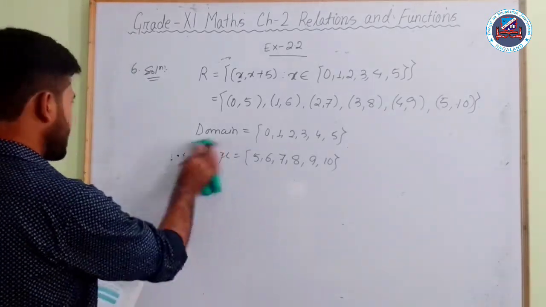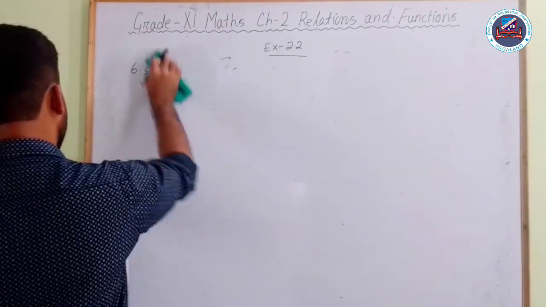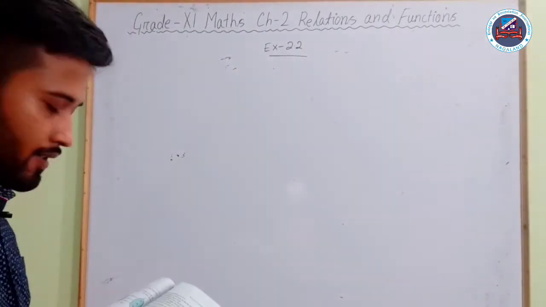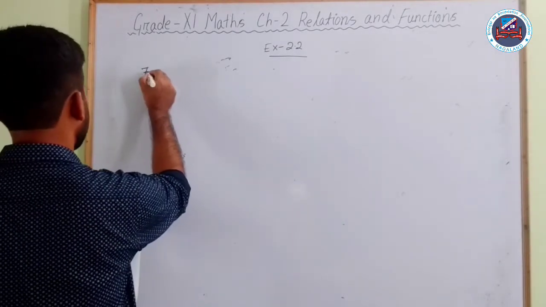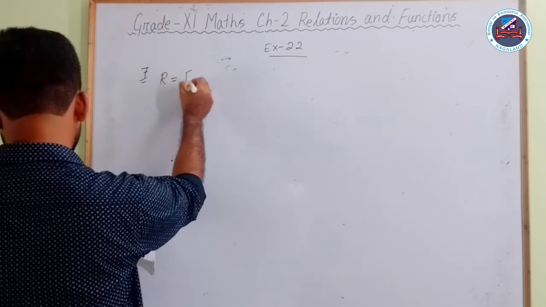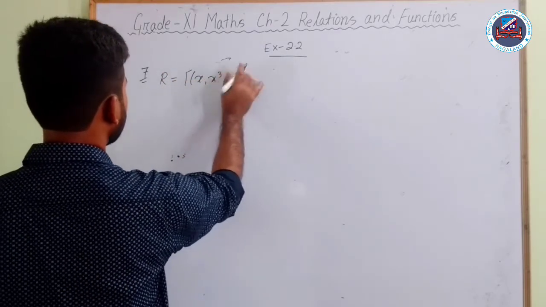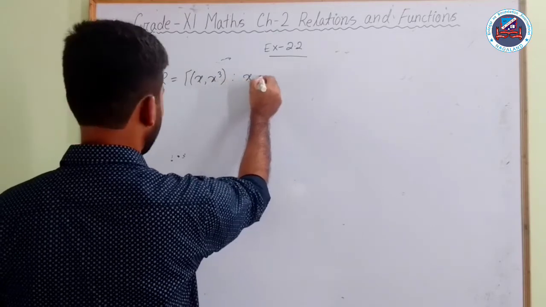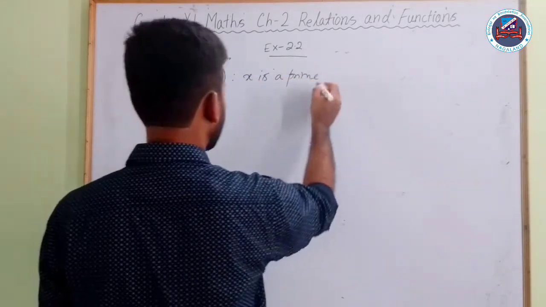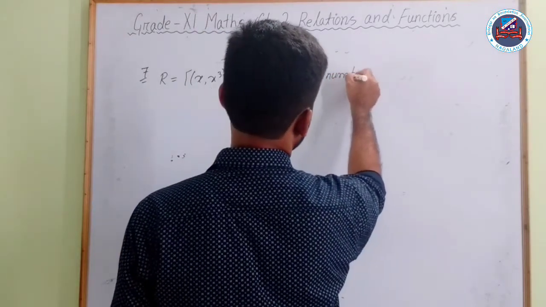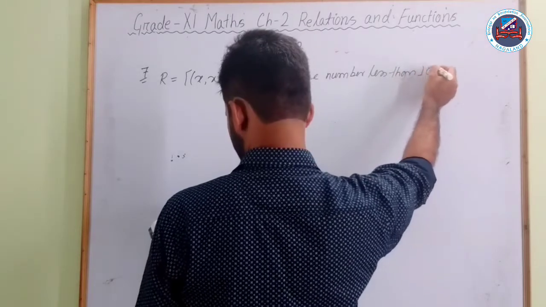Question number 7 says, write the relation R is equal to (x, x cube), where x is a prime number less than 10.